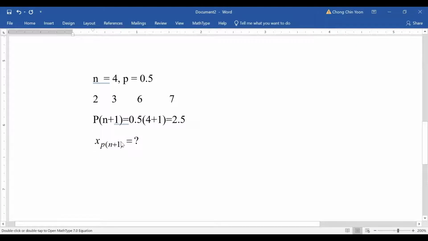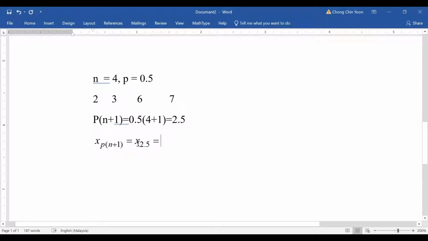So that means this value, the xp. Now you can see your xp at this value.